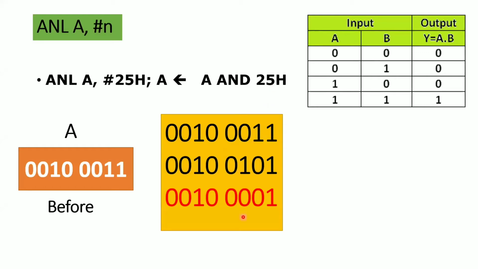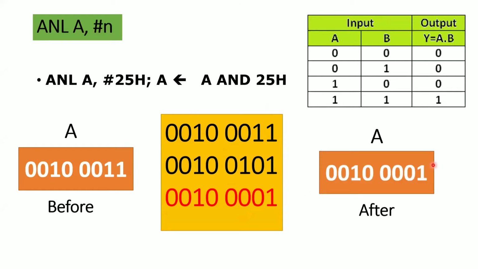Now perform the AND operation. Apply this rule: whenever there is 1 and 1, you will get 1, otherwise you will get 0. This is a simple thing. After executing this instruction, the A register will hold the result: 0010 0001.